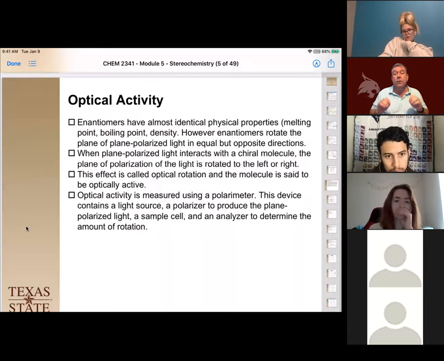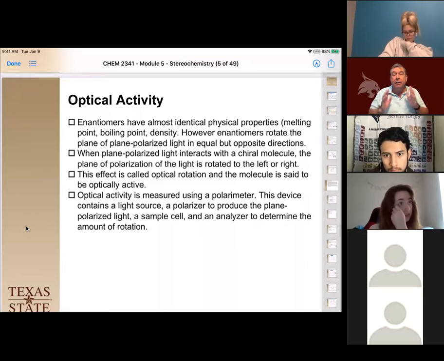Now, if you take a filter and the filter only has a slot going in one direction, and you have all this light going in all these different directions, you can actually filter out everything that doesn't go through the slot. What that means is that all the light coming through that slot is now aligned in the same order, okay? We call this plane polarized light, because they're all in the same plane. They're all going exactly the same, and none of them are counter to each other, okay?